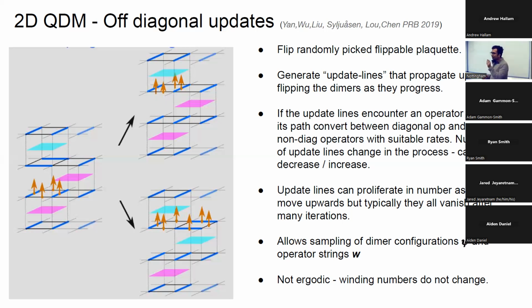In the spin case, I had only 1 update instruction in every successive time step. In the dimer case, I have a proliferating set of update instructions. And when I say proliferating, it may turn out that at certain vertices, the number of update instructions might decrease. So the number of update instructions keeps increasing or decreasing depending on which vertices it crosses. And we keep doing this until the number of update instructions comes back to 0.